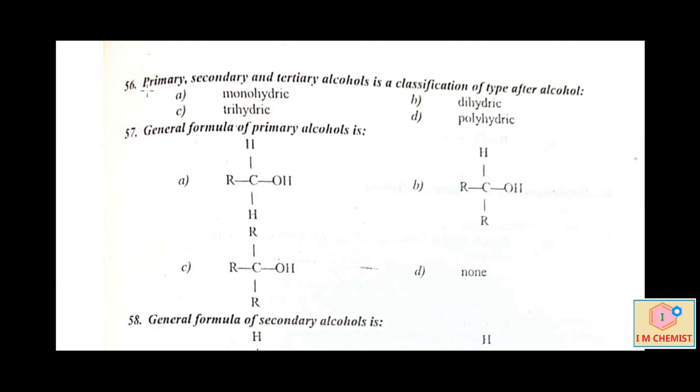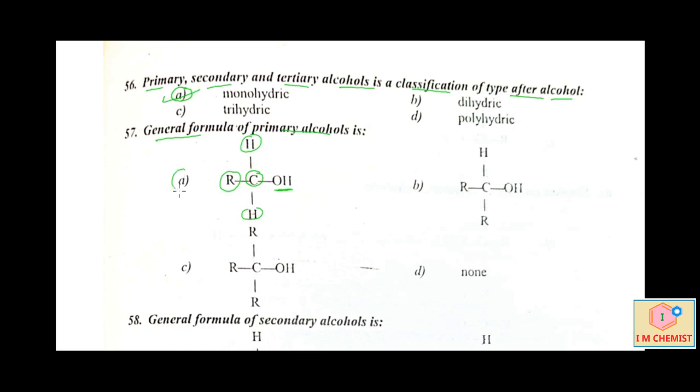MCQ number 56. Primary, secondary and tertiary alcohol is a classification of a type after monohydric alcohol. So option number A would be correct. General formula for primary alcohols. In case of primary alcohols, this carbon atom that is attached with OH is further attached with 2 hydrogen and 1 alkyl group.